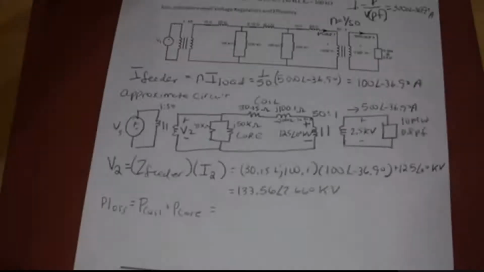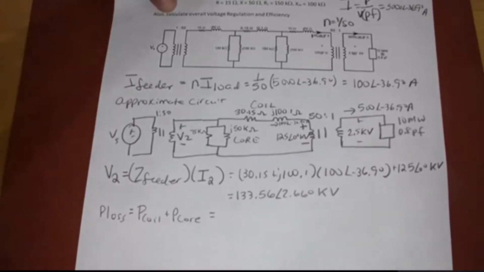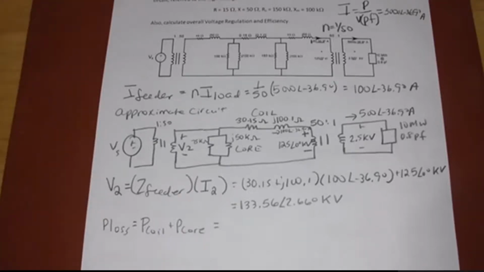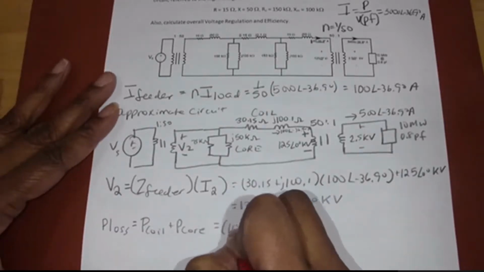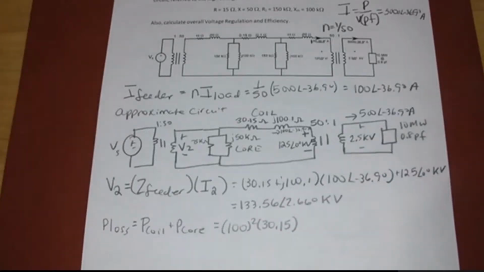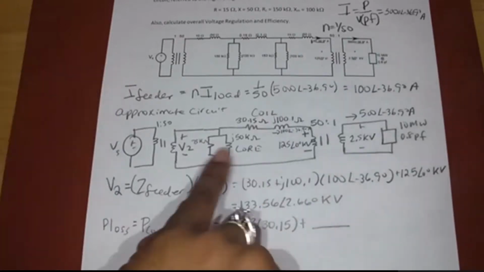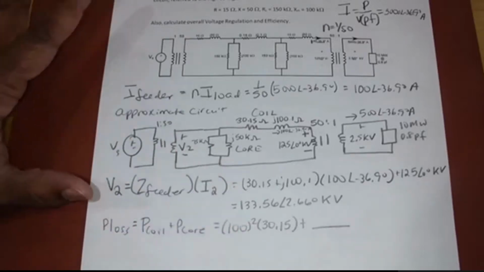The power loss in the coil is going to be the magnitude of the current times 30.15. What's the magnitude of the current? The magnitude of the current is 100. So it's going to be 100 squared times 30.15. Then we need VP squared over the value of this, which is 75K.